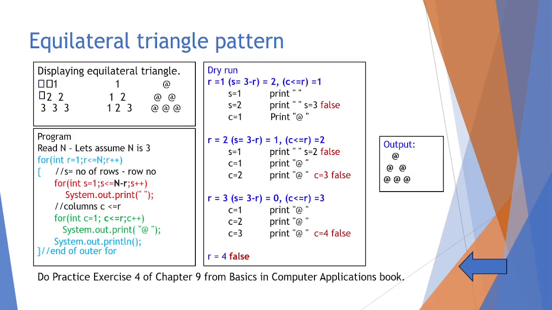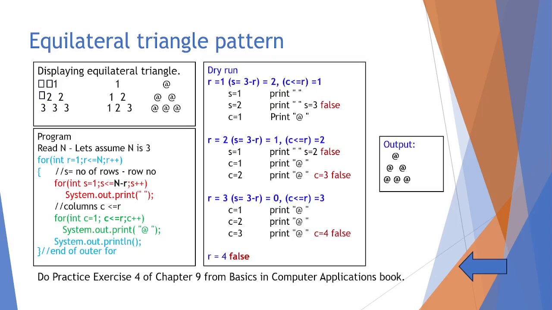If you see the equilateral triangle, it is almost the same as the right angle triangle, where the first row has one column, the second row has two columns, the third row has three columns. But here, extra spaces will be given to form that particular design. See those squares; let's assume they are spaces.